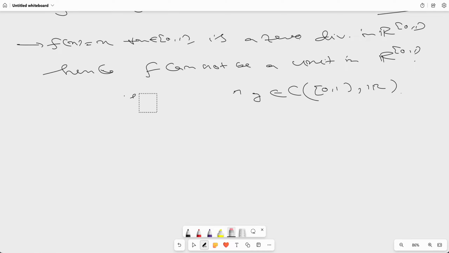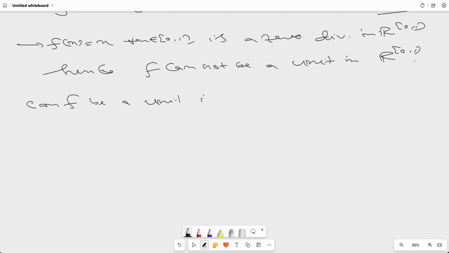There is no need to prove here, I guess. My question is, can f be a unit in C[0,1]?